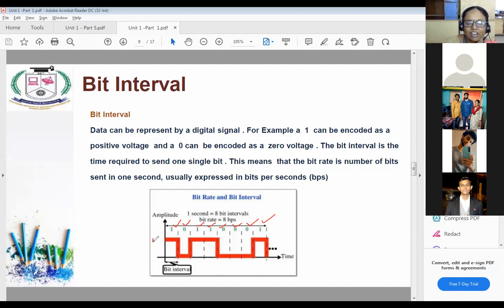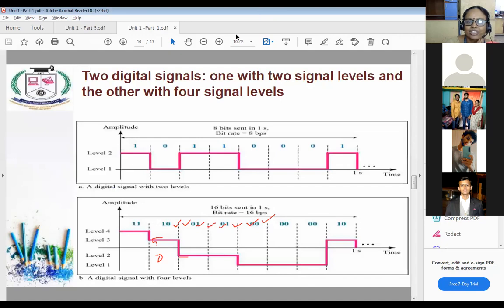They are saying 5 volt. When you take a system, this is 5 volt and this is 0 volt. Now this is the bit interval. Now you see how we were representing.